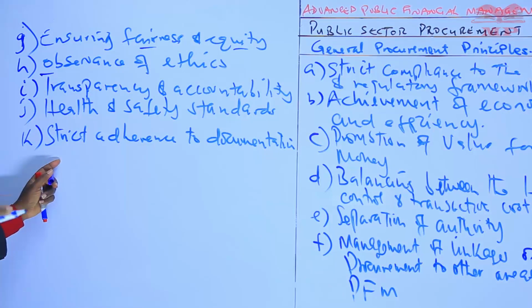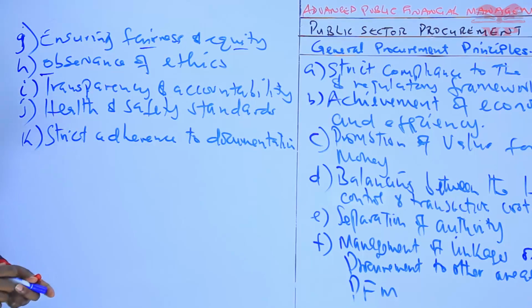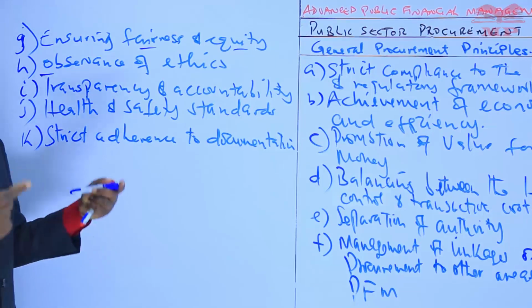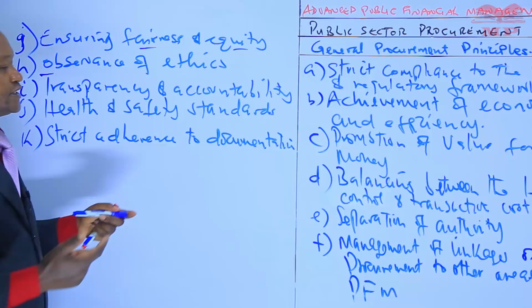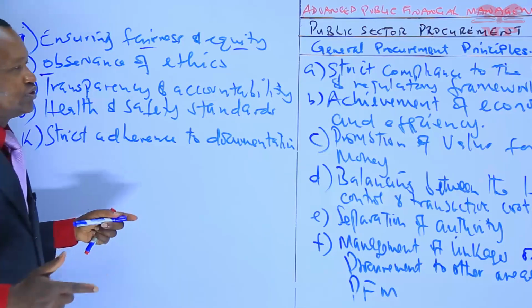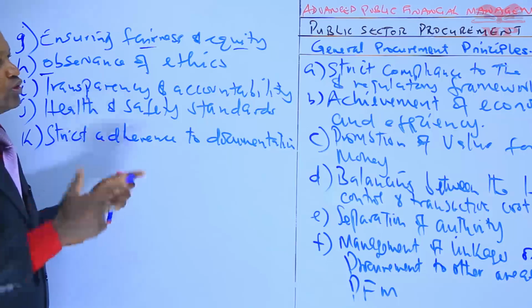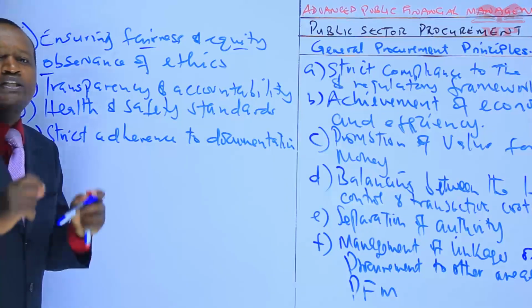Strict adherence to use of appropriate documentation for all the steps of the complete procurement and disposal cycles, and maintaining a comprehensive record of procurement transactions, is a very important general procurement principle.